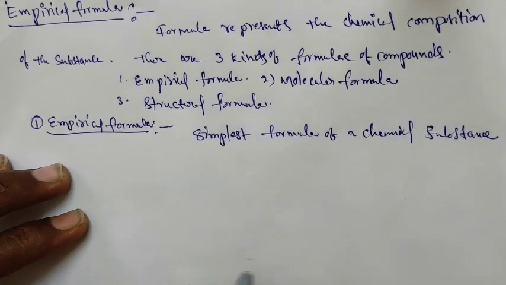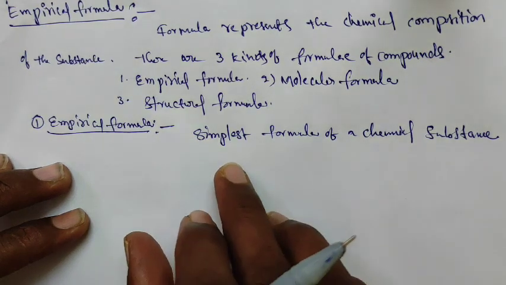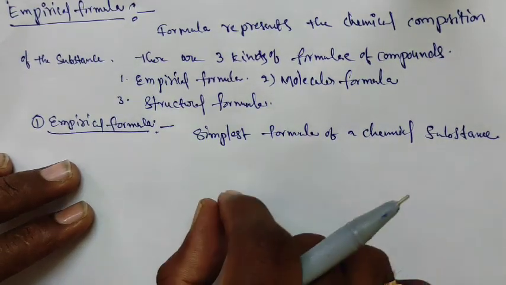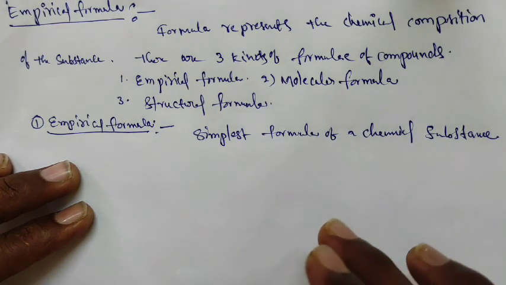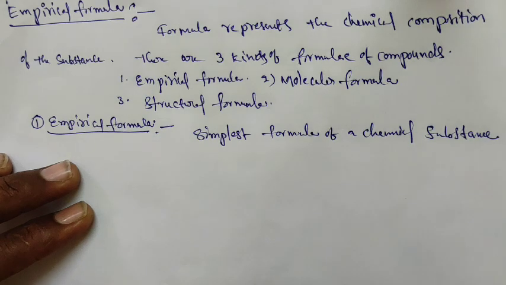Simplest ratio or simplest formula of a chemical substance. This formula indicates the ratio of the number of carbon atoms or hydrogen atoms, whatever elements it has. Every compound has some empirical formula. Simplest formula also is there, so that we will discuss now.